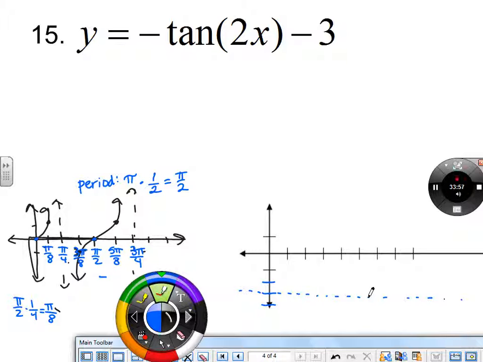It's there to remind me everything is getting shifted down 3. So all these points that I see right here along the 0 axis are now going to be down at -3. If I just took this whole graph now and copied it with those 0 points here and things one above it and one below it, I'd have the -3 part. The negative part, what's the vertical reflection going to make the graph look, how's it going to make the graph look different? What's that? What?